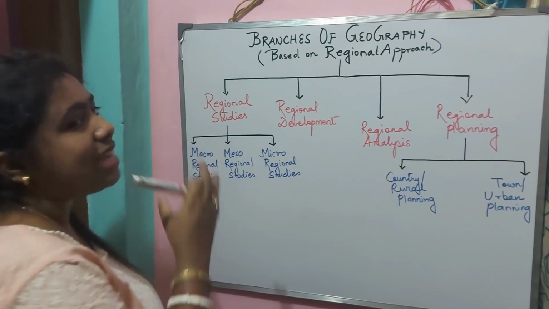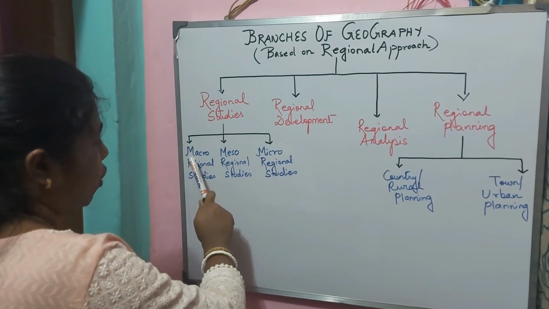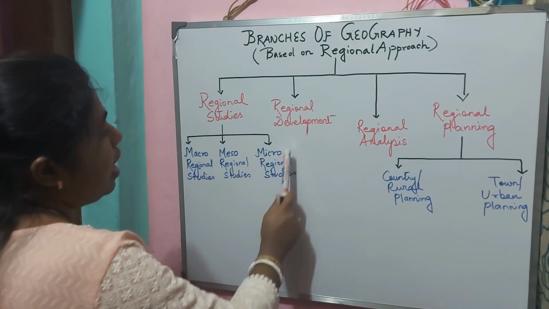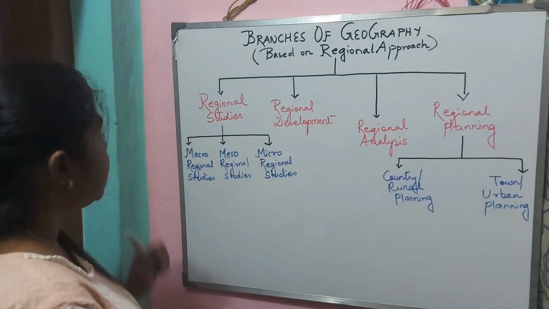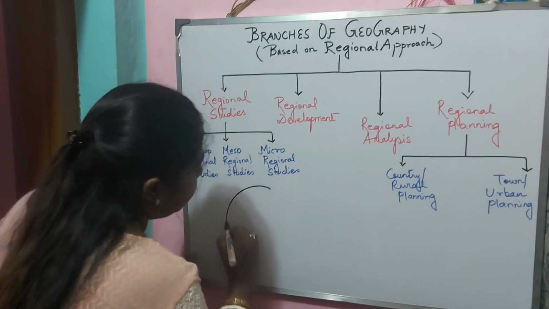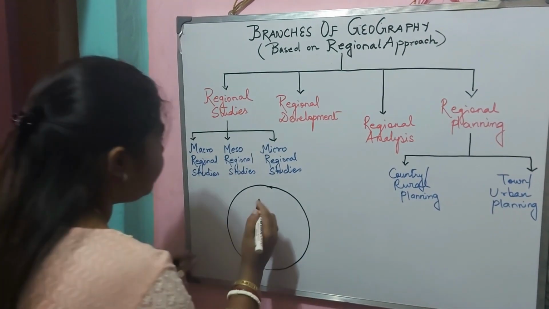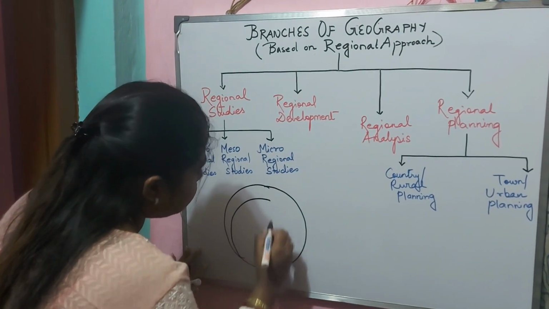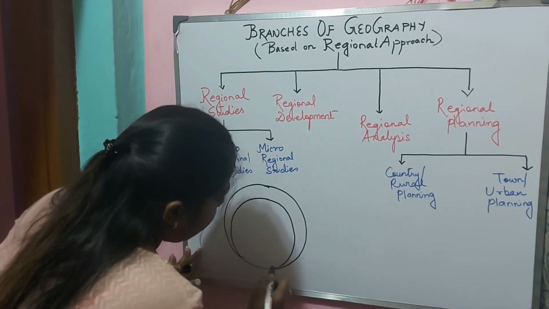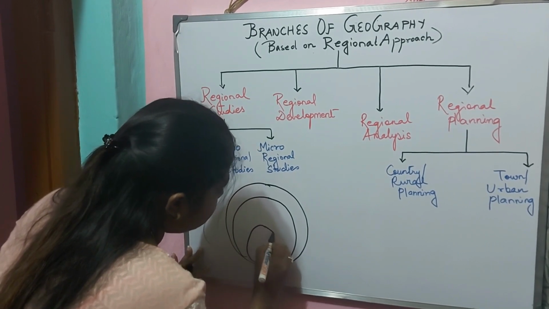Regional studies means study of the region at macro level, meso level, and micro level. That means study of the larger area, a larger system first, then the medium system, and then the smaller system.